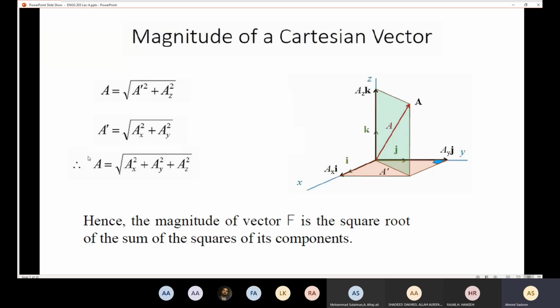Then the magnitude of that vector is eventually going to equal the square root of AX squared plus AY squared plus AZ squared. And this is how we are going to calculate the magnitude of the vector in 3D. In 2D, we used to say that A is going to equal the square root of AX squared plus AY squared. But here, since we are dealing with 3D, we are going to have 3 components.